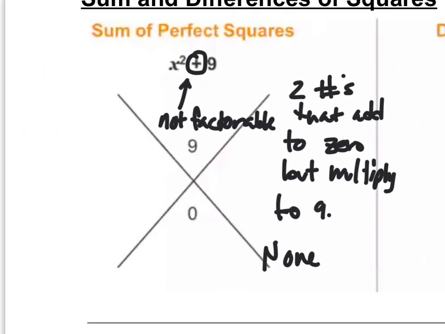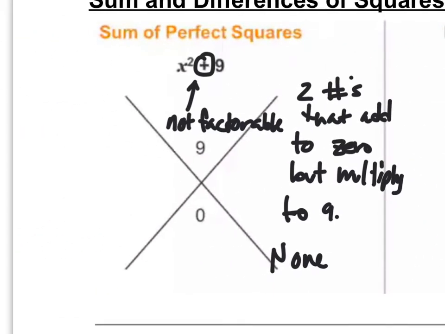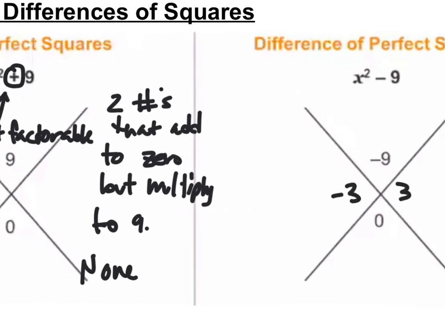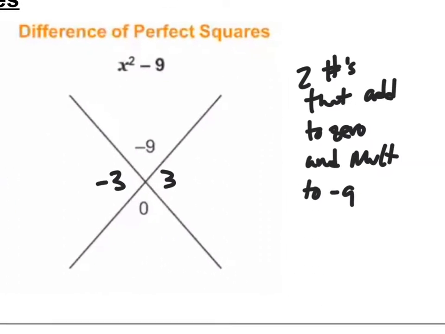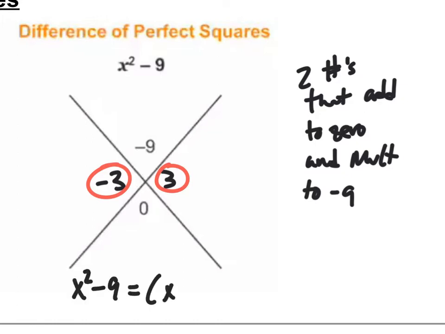Now, the thing about it over here is that in order for two numbers to add to 0, they have to be opposites. But in order for them to multiply to 9, they have to be the same sign. They can't be opposite signs. So we have a conflict of interest. You can't do it, okay? So therefore, you just get negative 3 and 3. And so x squared minus 9 just becomes x minus 3 times x plus 3, and that's it.